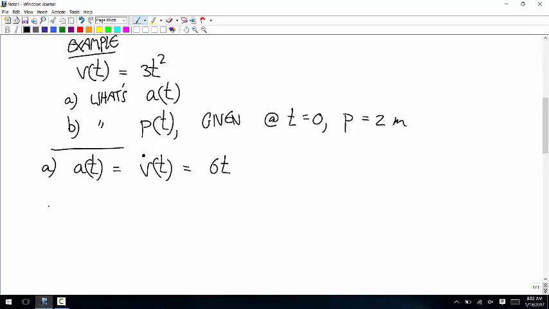For the second one, the position is the integral of the velocity.